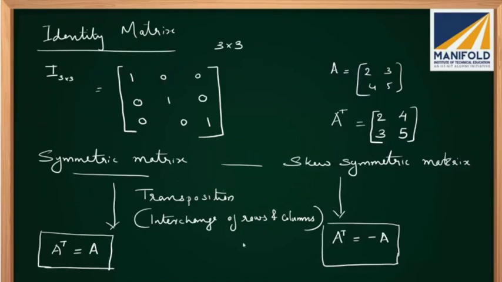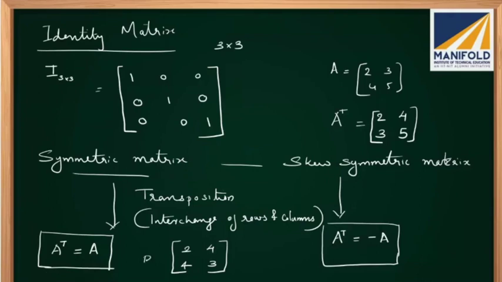So skew symmetric matrix is nothing but A transpose gives you -A, and symmetric matrix is A transpose equal to A. Now we'll see some examples in our next slide. For easier understanding, I'm taking a 2 by 2 matrix. Any matrix whose diagonal elements are, let us say, 2, 3, and the opposite diagonal elements are 4, 4.